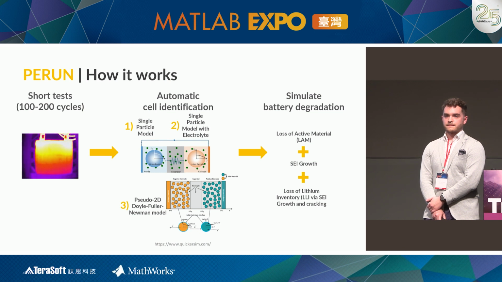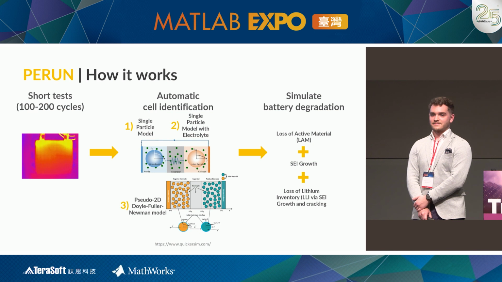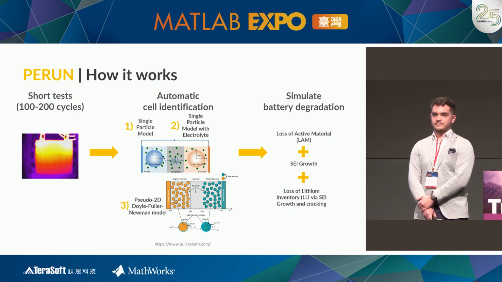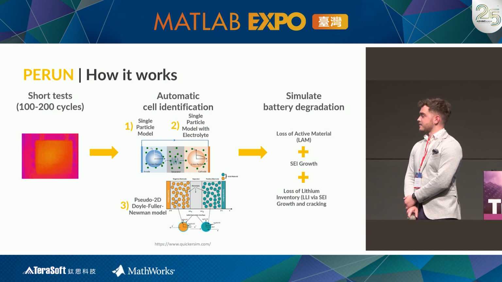So here you just mentioned the short test. That means that only 100 to 200 cycles can do the prediction. That is an amazing number compared with what we are doing right now, because we are doing it over years and years. So what is the basic concept you can implement with your idea?